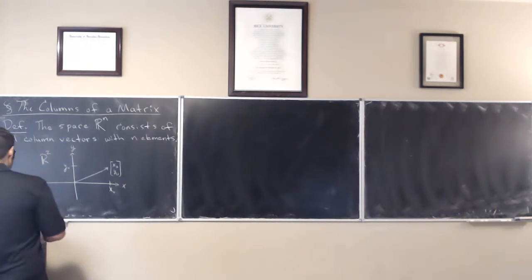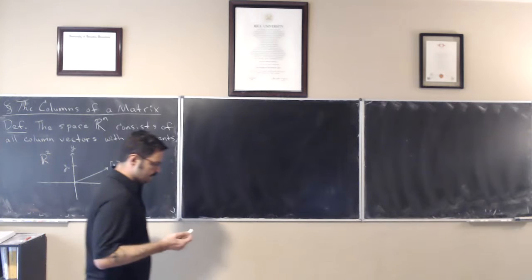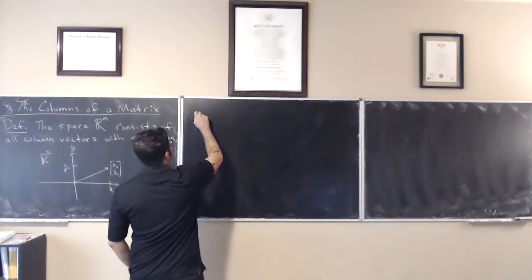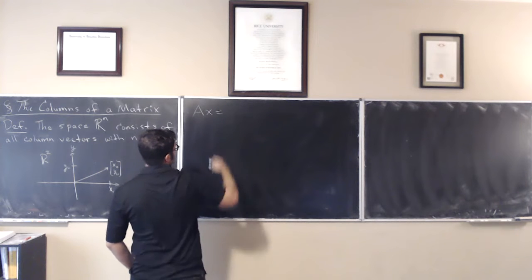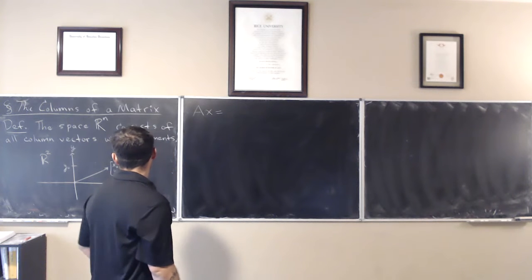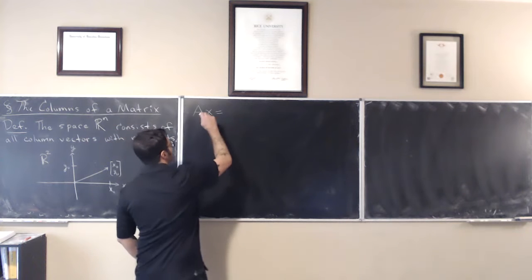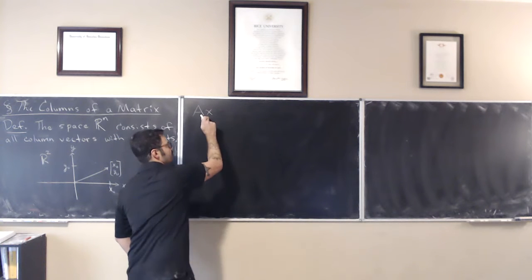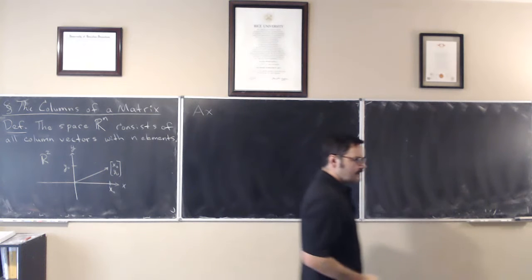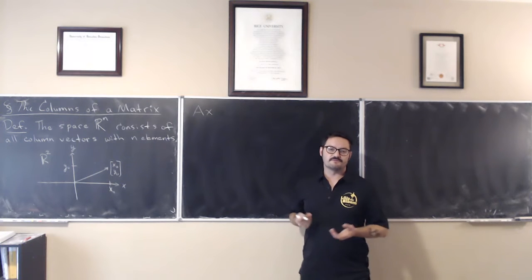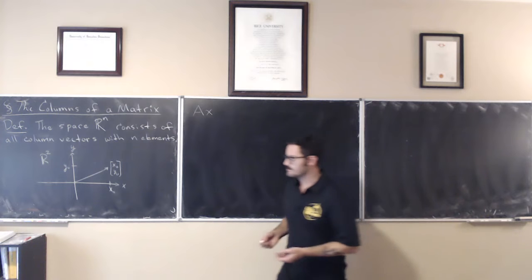So when considering this, let's go back to this equation Ax equals b. Let's not even set it equal to something, let's just think about what that is. You should know by now that I'm a fan of the columns of a matrix when it comes to matrix vector multiplication.